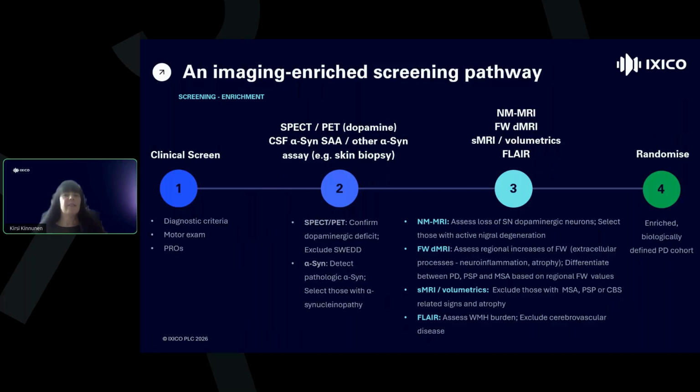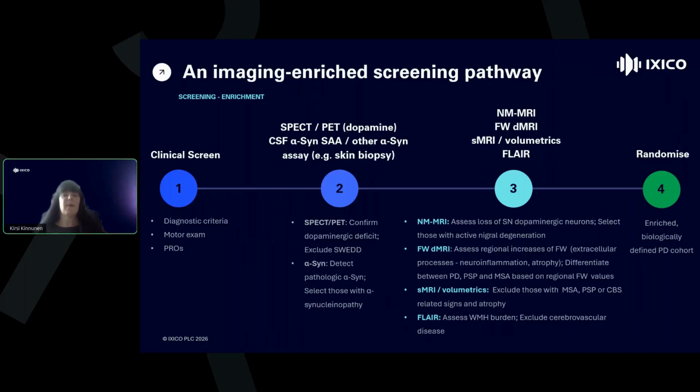A FLAIR scan enables quantification of white matter hyperintensity volume, where higher hyperintensity volumes have been found to be associated with worse progression of motor and non-motor symptoms, independently from age. A higher white matter hyperintensity burden may also mean higher risk of progression to Parkinson's disease dementia and to advanced disease stages in the next few years.